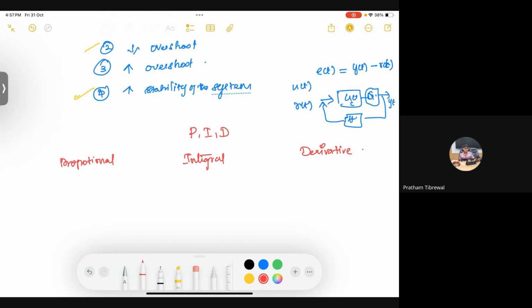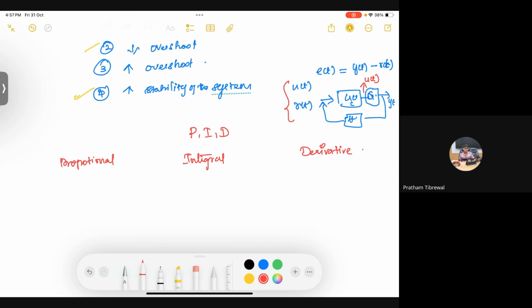What is the difference between U of t and R of t here? The U of t comes from the correction. The actual input to the plant, after the controller correction, is U of t. But the reference, whatever we give, is R of t. So don't get confused between these input terms.